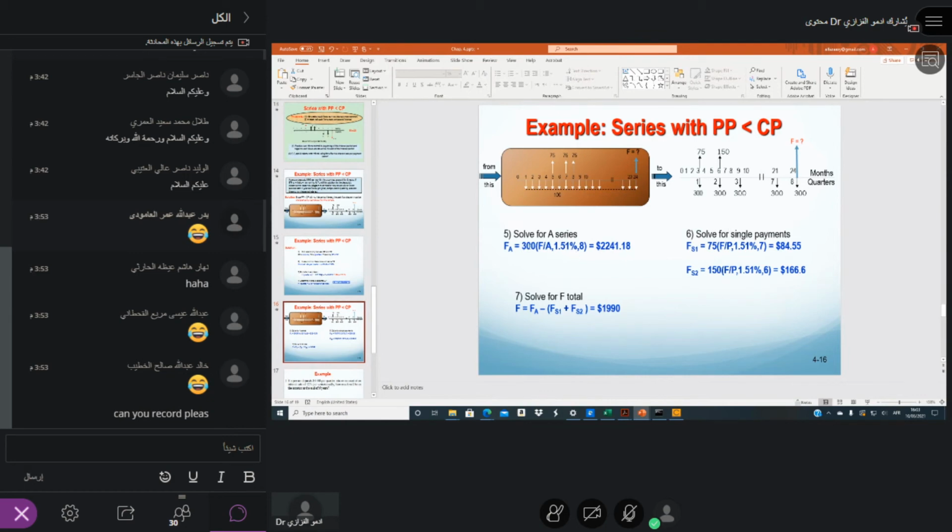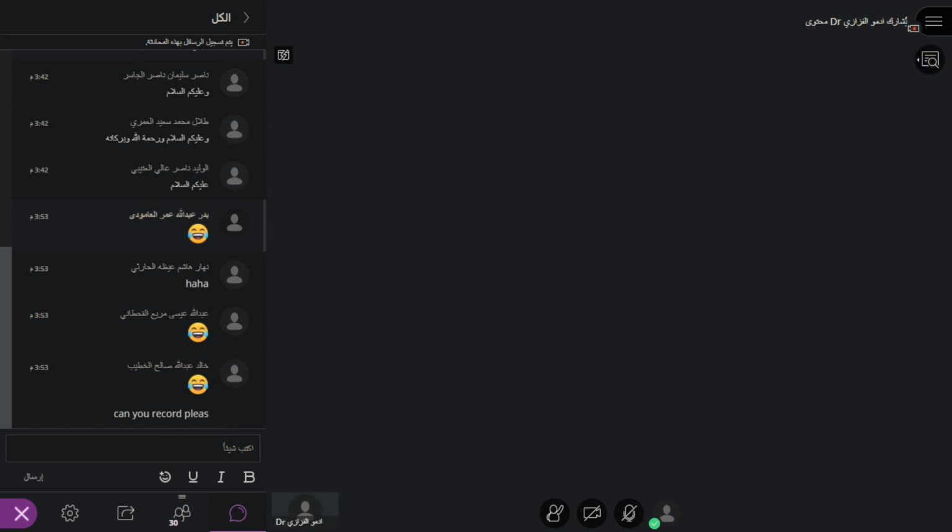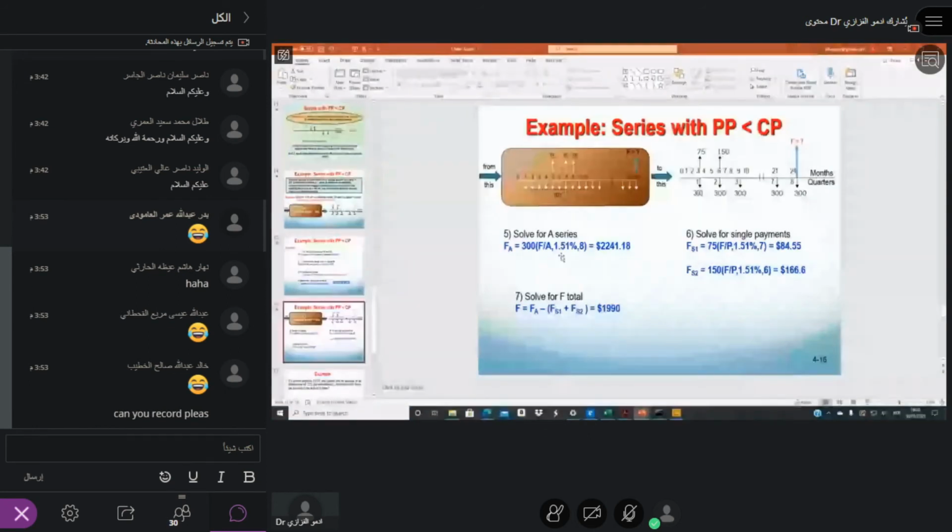Once you calculate that, then you need to calculate F for the single payments. So you put 75 here. That means you have 7 periods ahead, because you remove 1 period, and of the remaining quarters, you will have 7 quarters. So the N will be 7 quarters, and this is your effective interest rate.